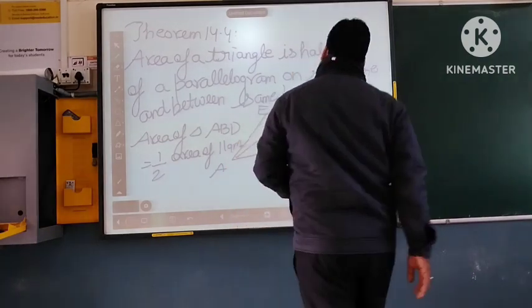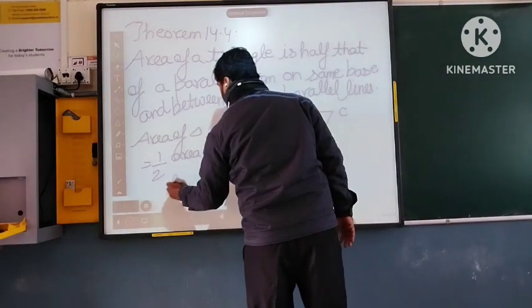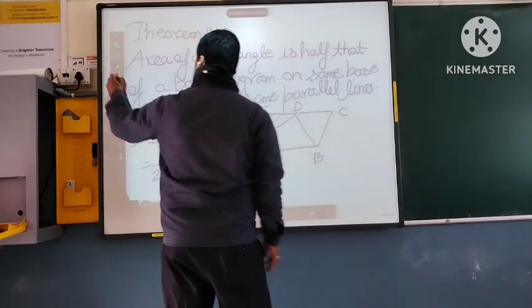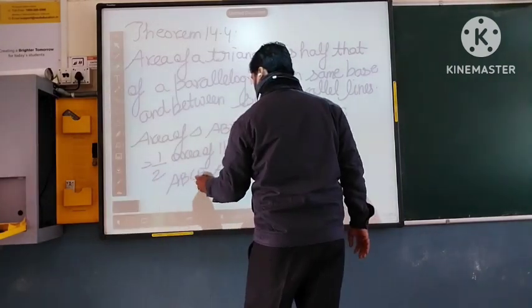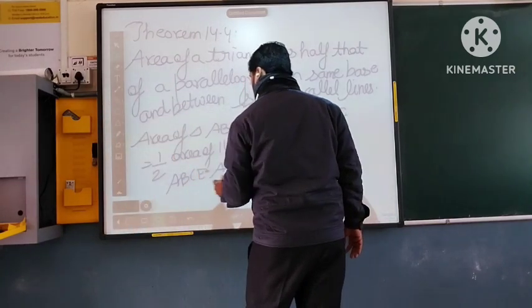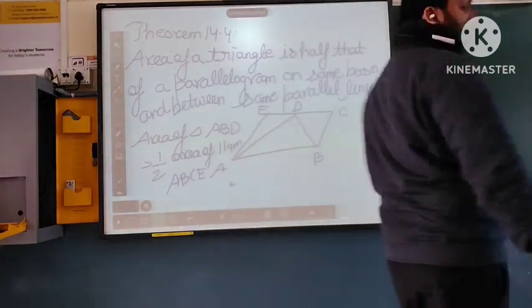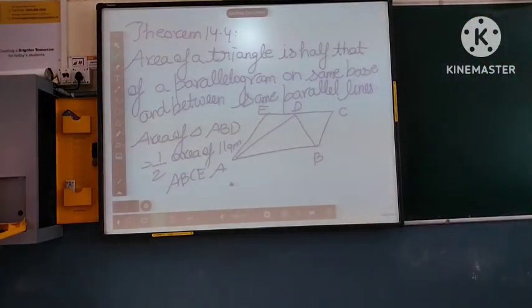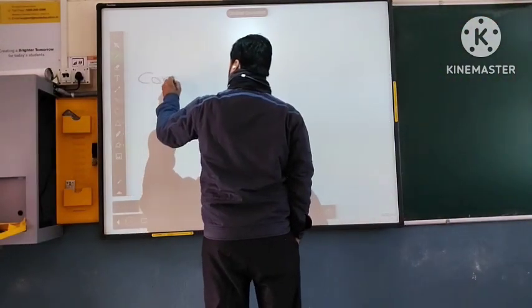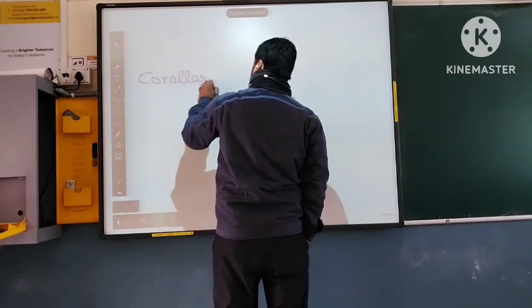Half of area of parallelogram ABCE. The only important condition is making the triangle and parallelogram share the same base, and if it is lying between the same parallels, then only the area will be half.